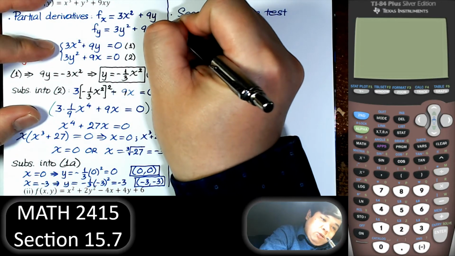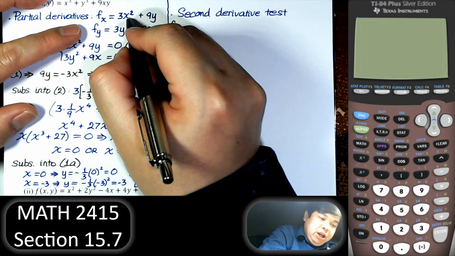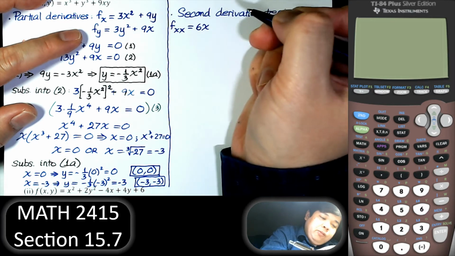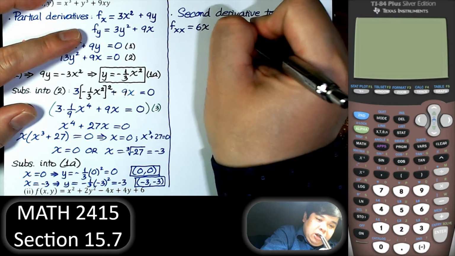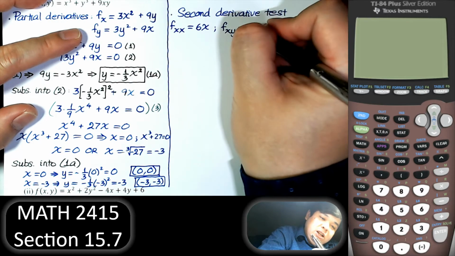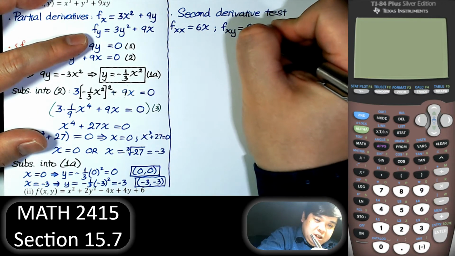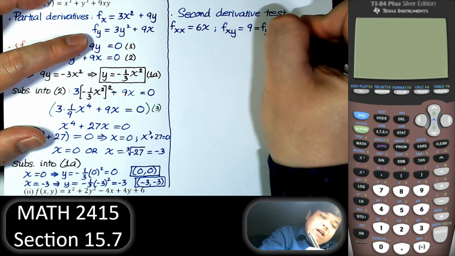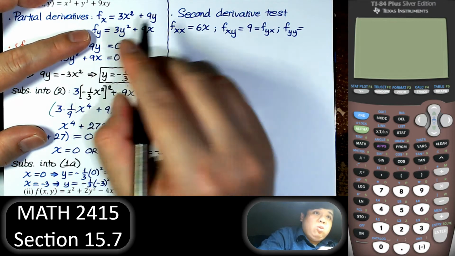Now let's find the second derivative. fxx: the derivative with respect to x will be 6x. fxy: the derivative of this with respect to y is 9. We don't need to do fyx because fxy is the same as fyx. That's Clairaut's theorem. And then fyy, the derivative of this with respect to y will be 6y.